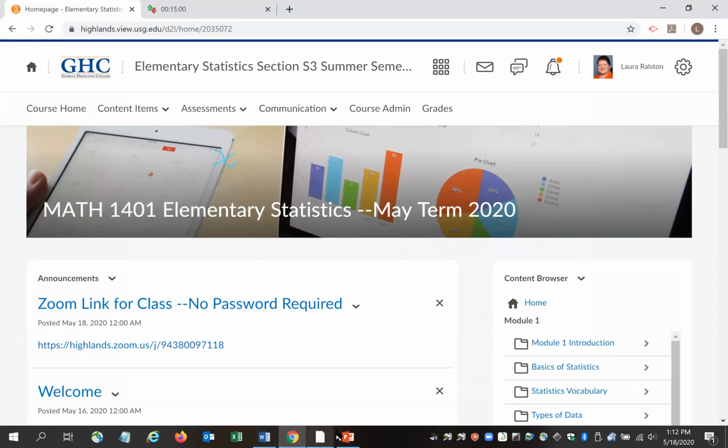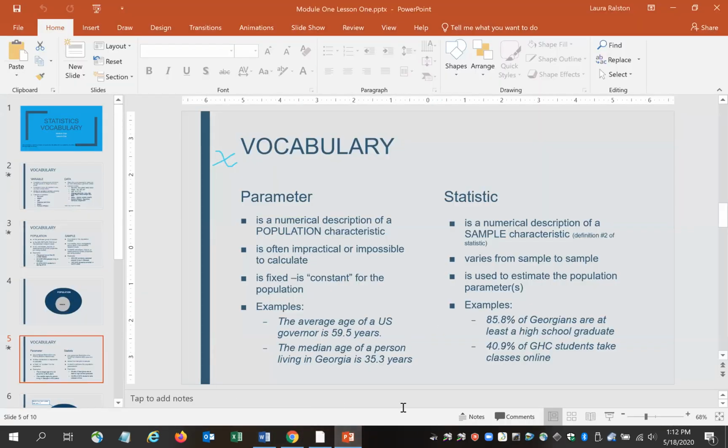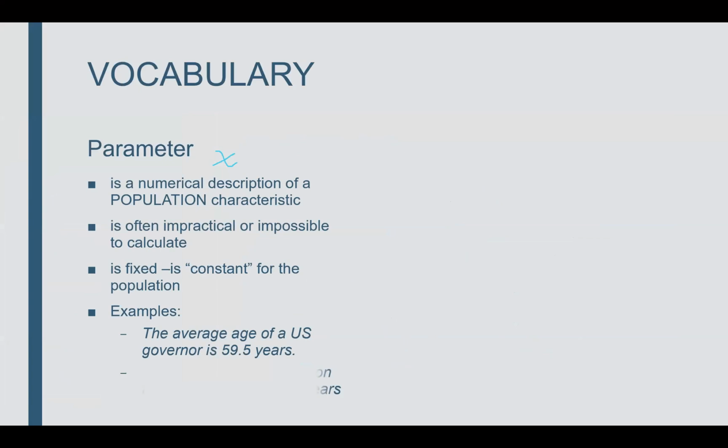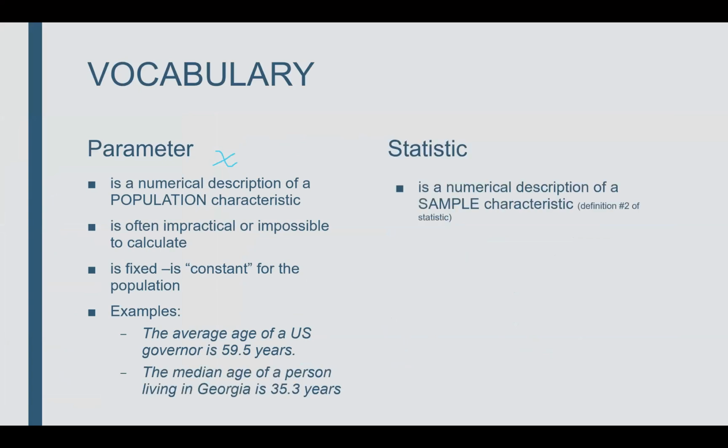We actually have already defined the value for the sample, because the value for the sample, that numerical measurement, is definition number 2 of statistic. It is a statistic. The statistic is a numerical description of a sample characteristic. Okay, that's the second definition of statistic.